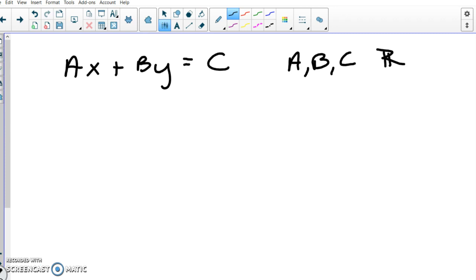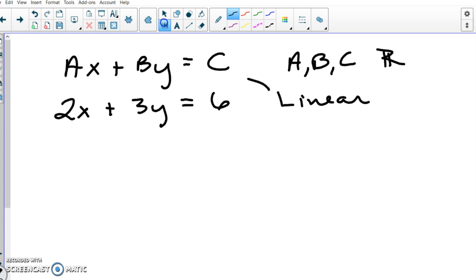So if I were to exchange those for values, if we were to see an equation that looks something like this, then we would know we had a linear function because it matches the standard form of the equation of a line. This is a linear function in standard form.